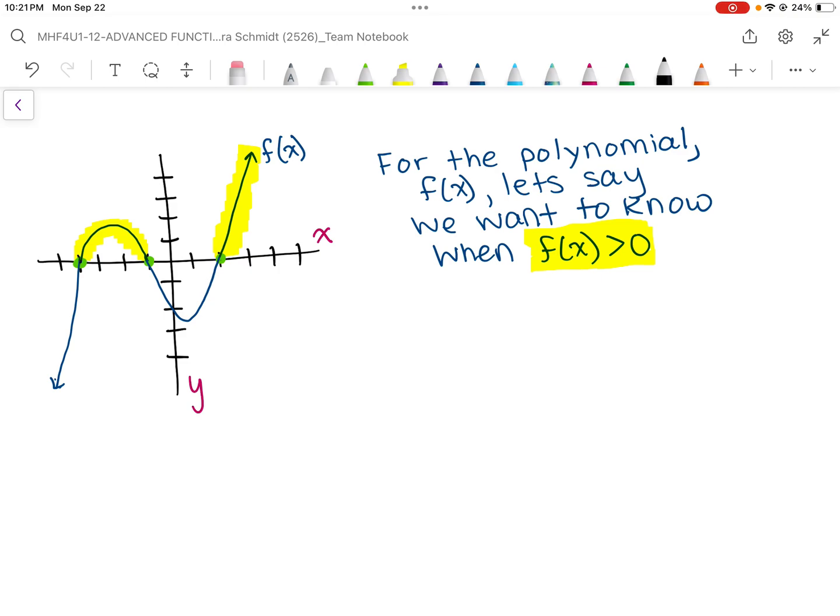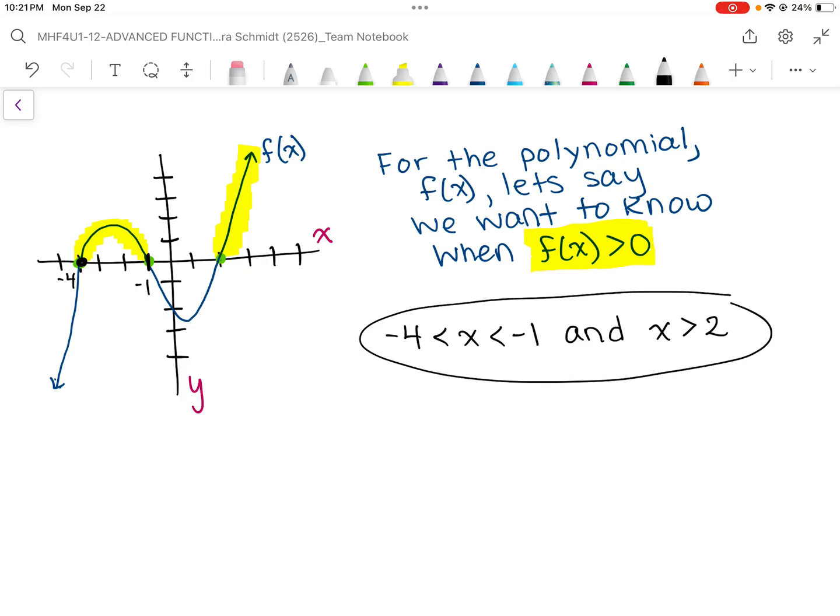So I can say when it's in between -4 and -1. So when x is greater than -4 but less than -1, and when x is greater than 2. That would fulfill those highlighted parts of the graph.